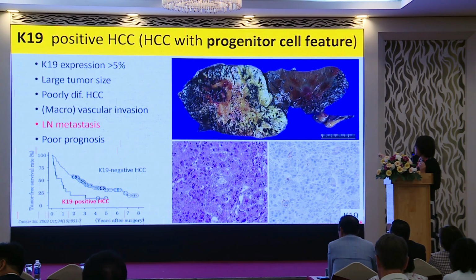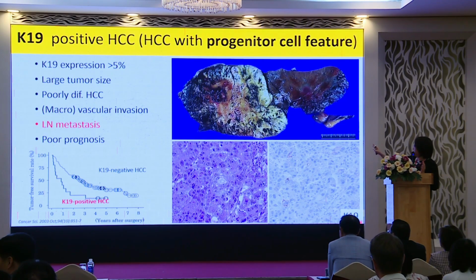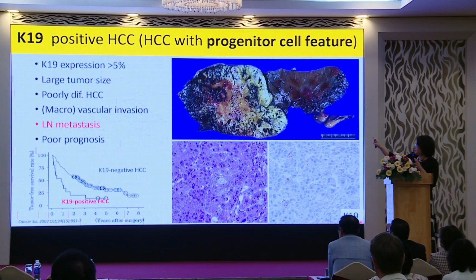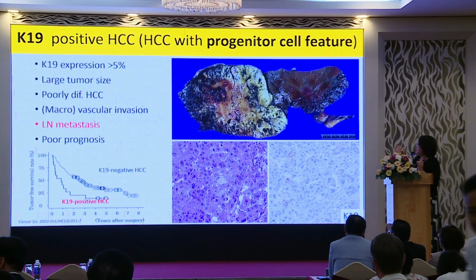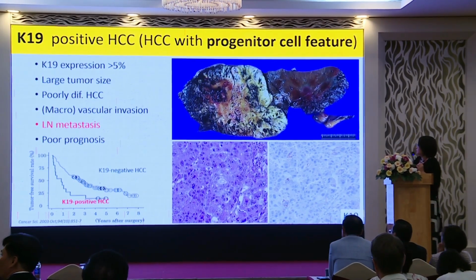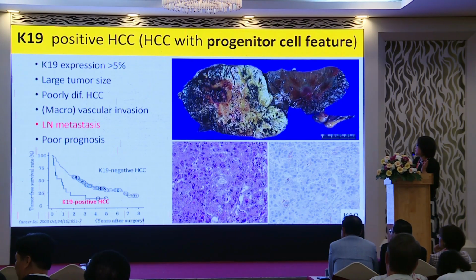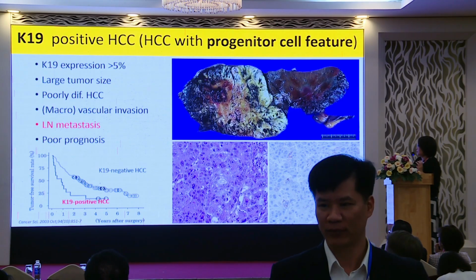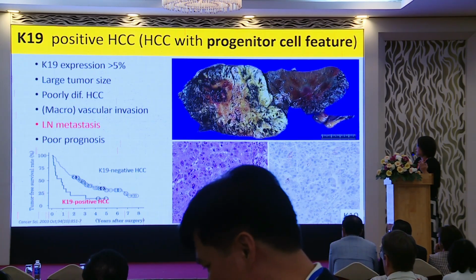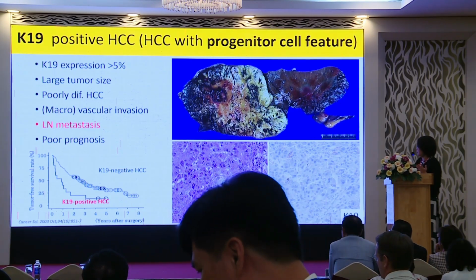And if you see this expression in more than 5% of tumor cells, we can diagnose it as keratin-19 positive HCC. It has a correlation with lymph node metastasis risk. And compared to keratin-19 negative HCC, the tumor outcome after operation is worse. So it's a poor prognosis.